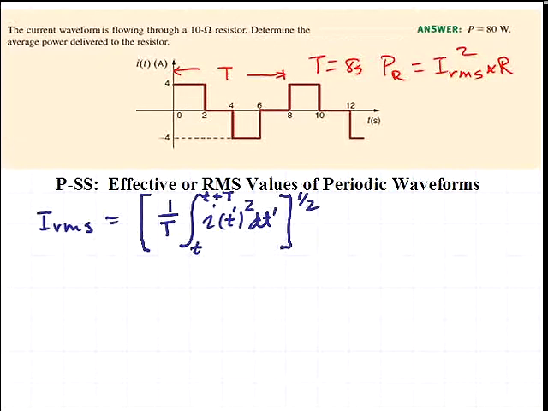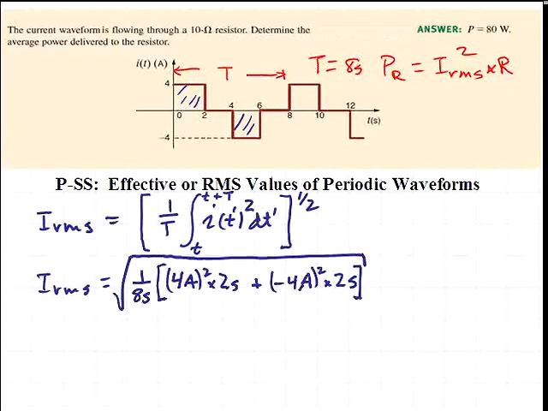For the current situation, we have that I RMS is equal to two components here. We have a plus 4 ampere square pulse followed by a negative 4 ampere square pulse. So in our integration process over one period, we'll have the contributions of those two pulses, the square of their amplitude in the calculation of the integral.